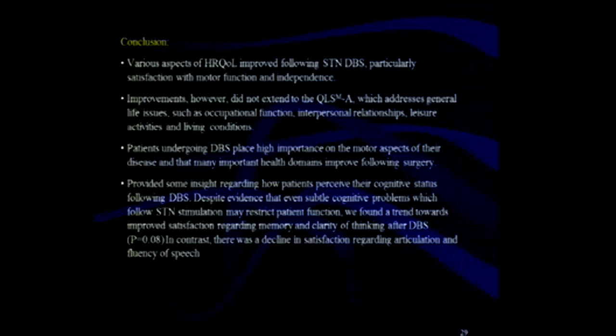And the patients really placed a fairly high importance, when they were rating what's important to them, on the motor aspects of the disease, at least of the movement disorder module. And we found moderate improvement in correlation with the geriatric depression scale and Hoehn-Yahr scale.